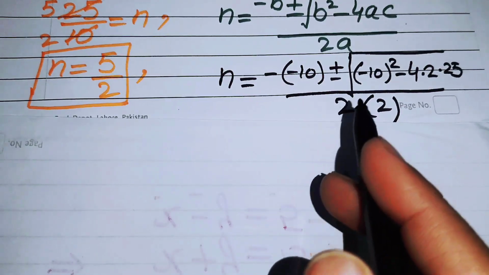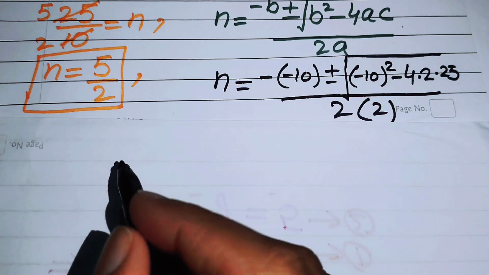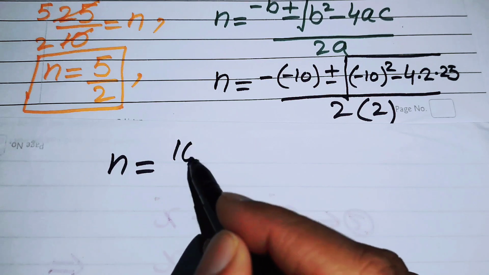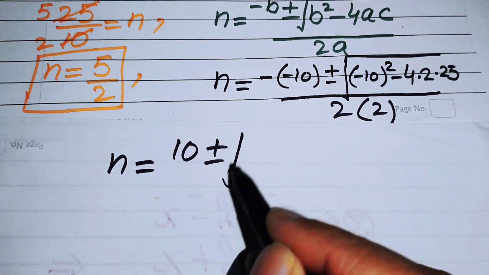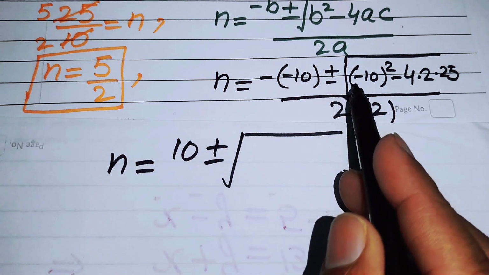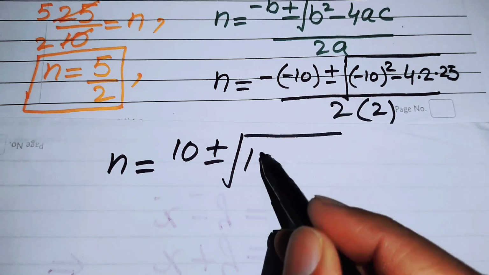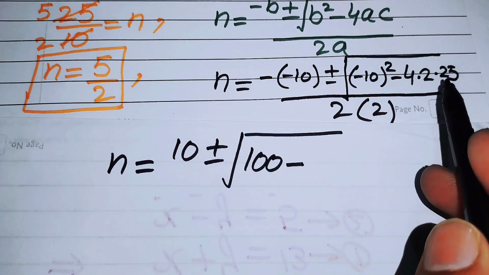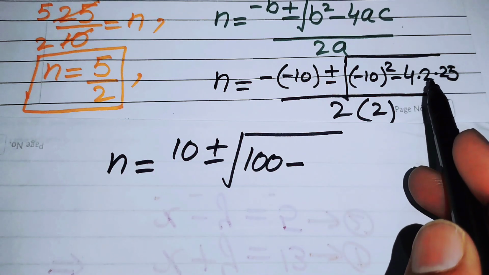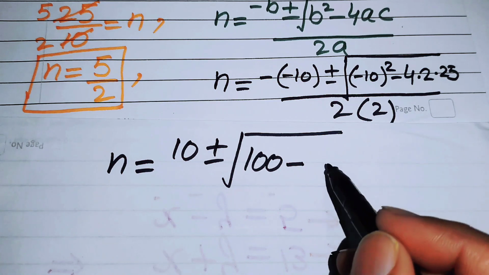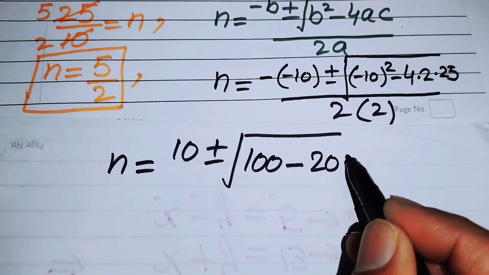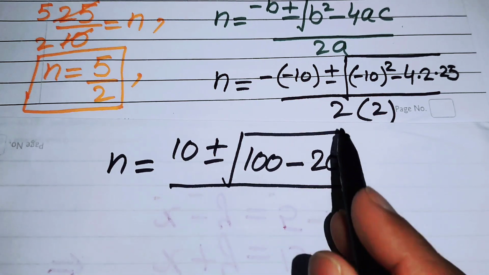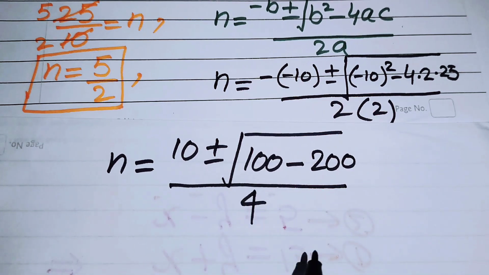And now we make a little bit of simplification here, and you obtain n equals minus times minus becomes plus 10 plus minus square root of minus 10 squared equals 100, and minus 4 times 2 is 8, 8 twenty-fives are 200, and this whole over 2 times 2, which equals 4.